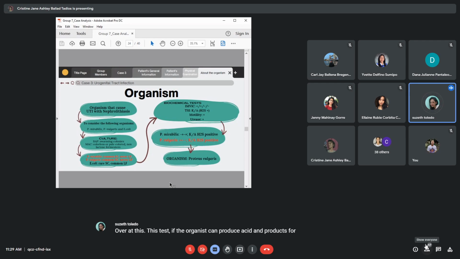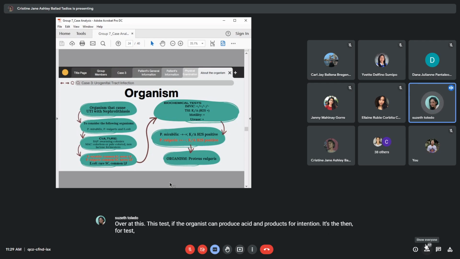It's positive. The VP test checks if the organism can produce neutral end products from fermentation. It is negative.